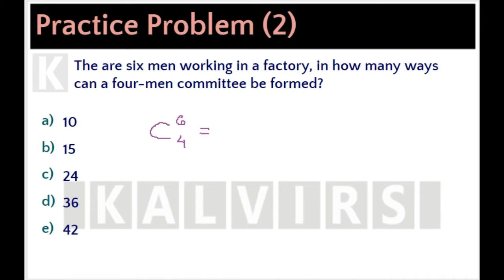And this one is equal to 6 factorial over 4 factorial times 6 minus 4 factorial.